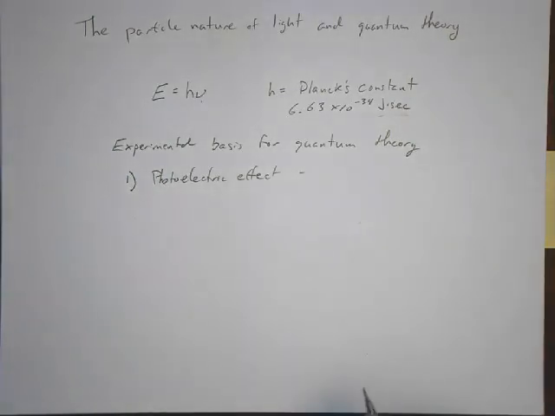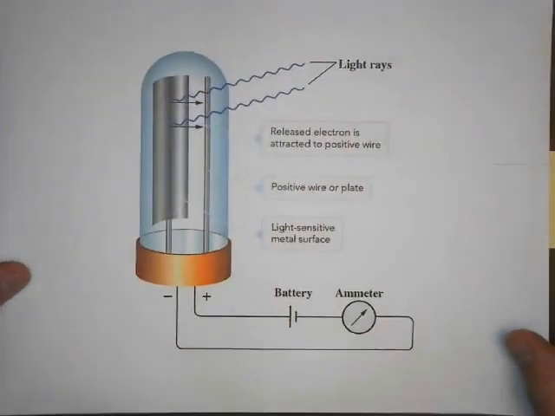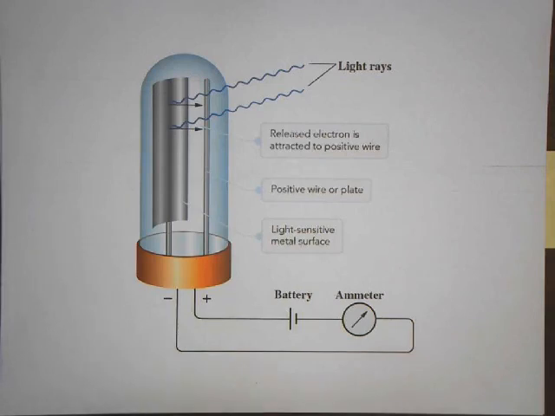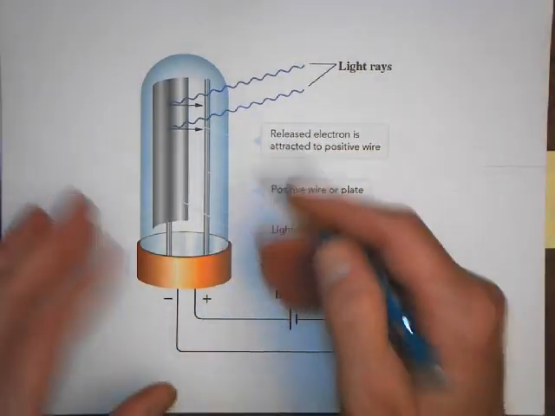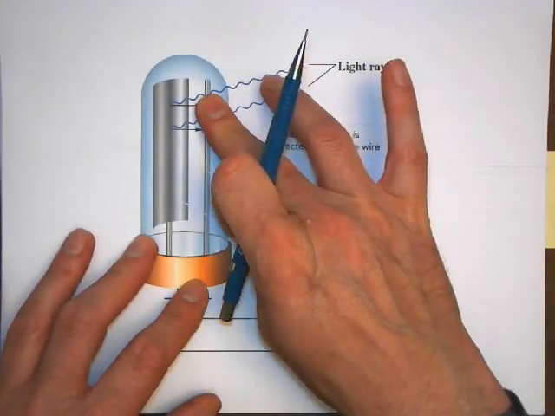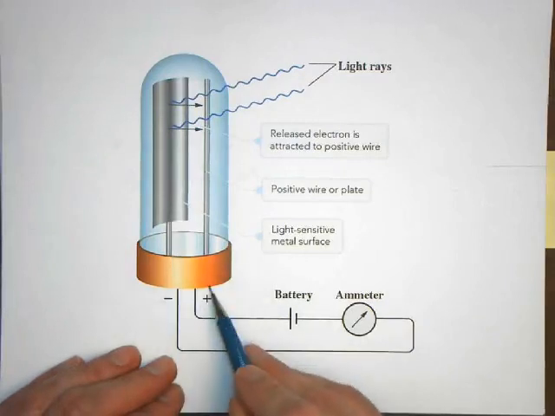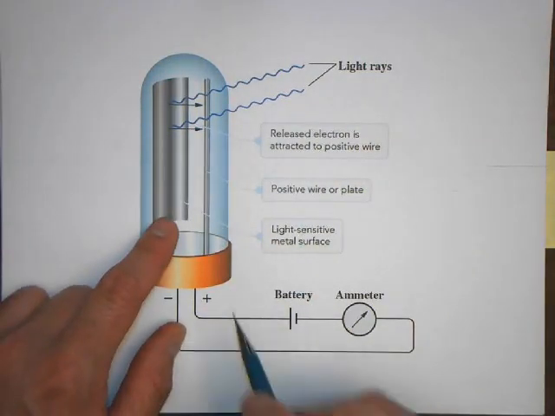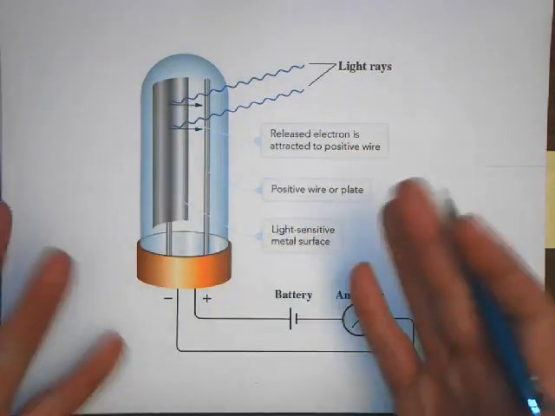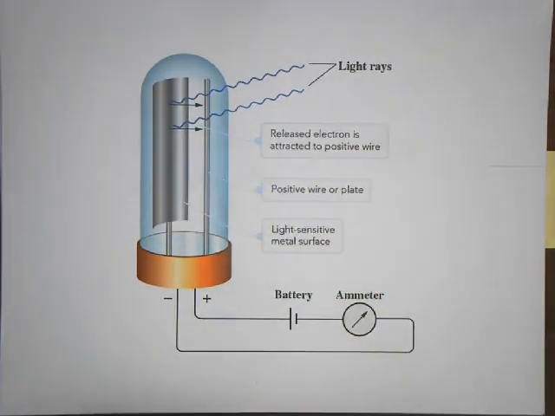And it goes like this. I'm going to pull up this image from your textbook to be able to understand it. The photoelectric effect is like this. You have a vacuum tube, which is basically just a closed-off tube with no air in it. You have electrodes, a positive and a negative electrode, and one of the electrodes has a metal surface, or a metal plate, on it.